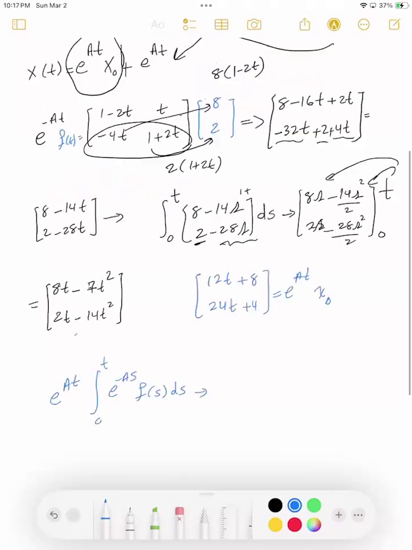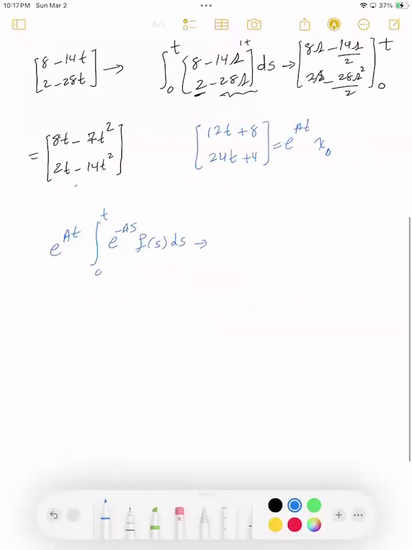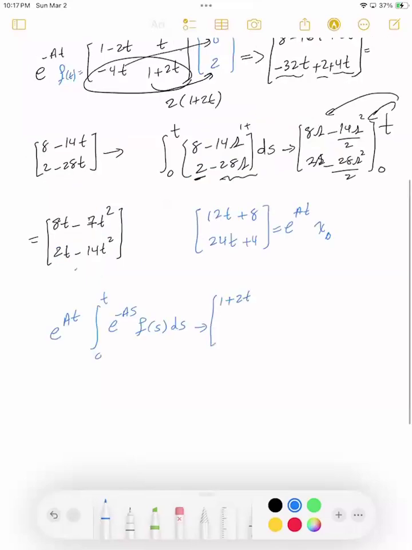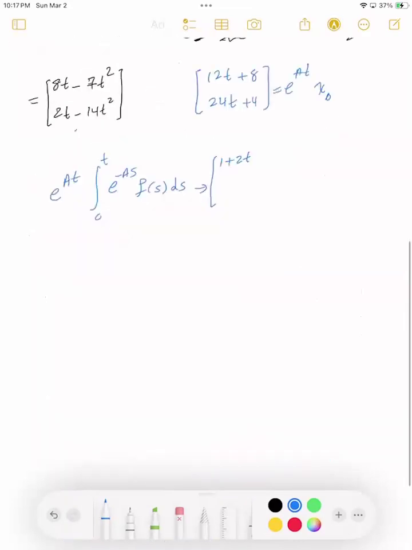So e^(At) is 1 plus 2t, 4t, minus t, and 1 minus 2t.